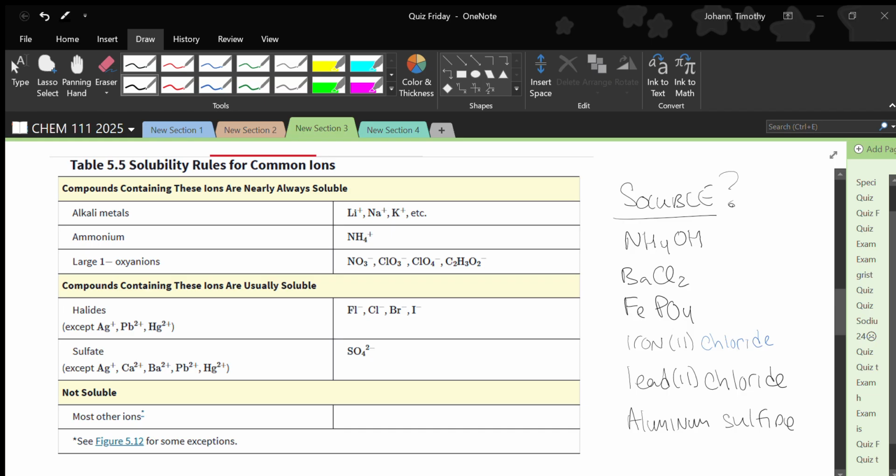All right, so look over at the table. Try to use the table to do this. All right, spend less time writing down all of them.